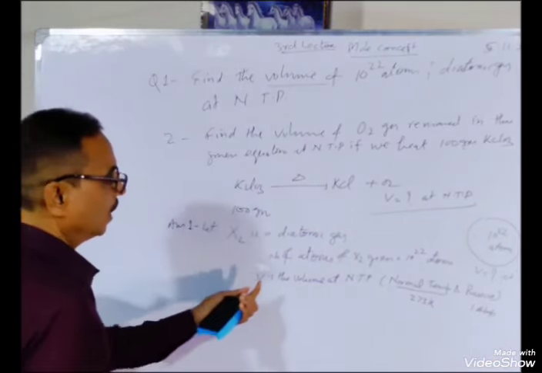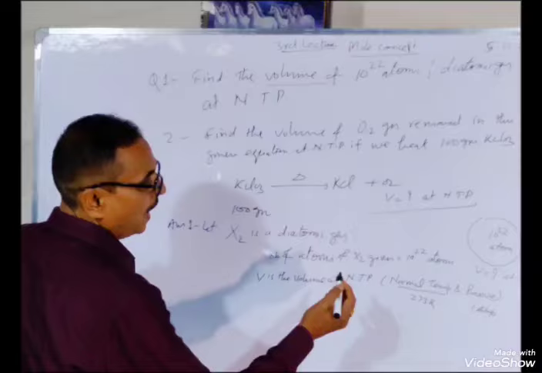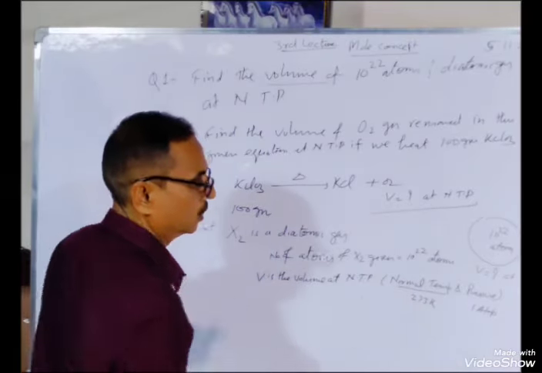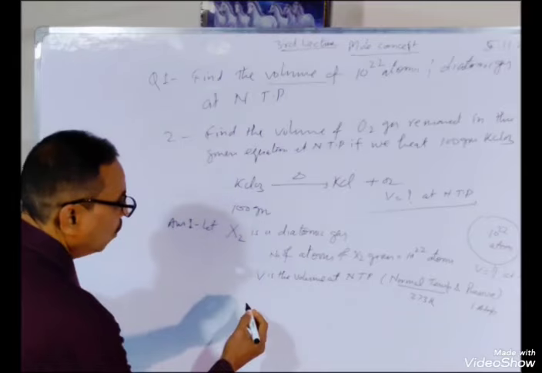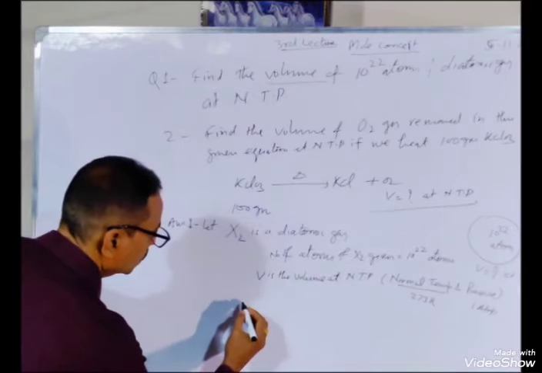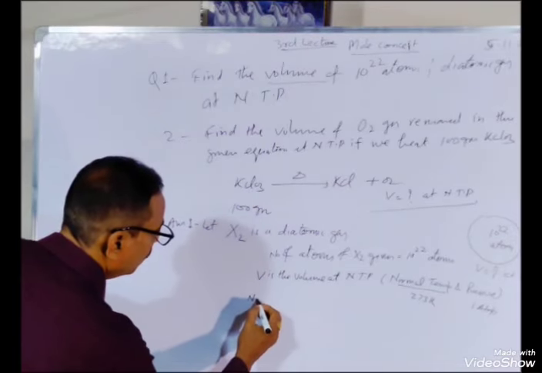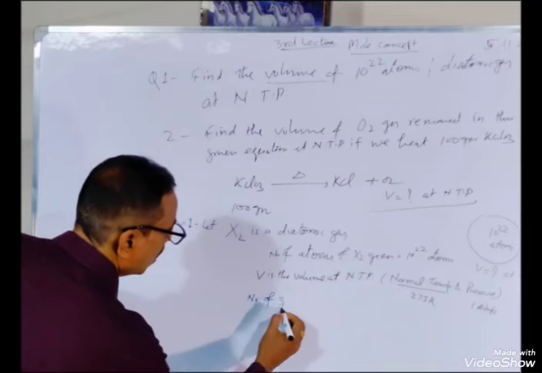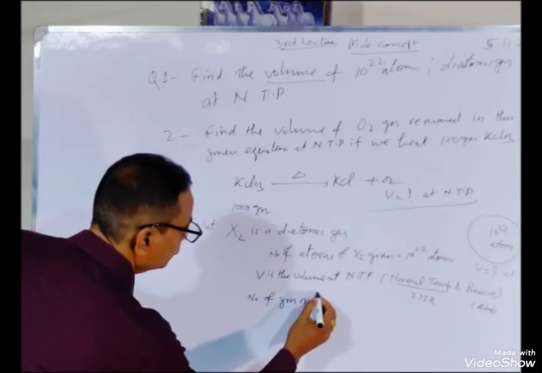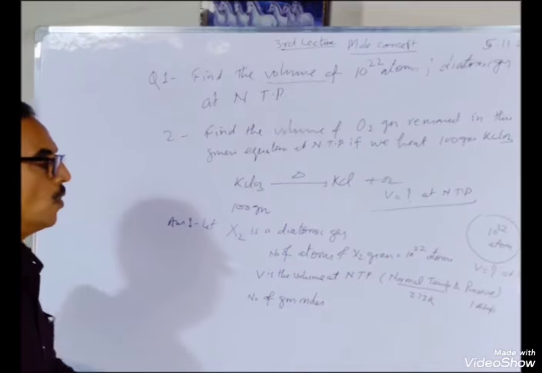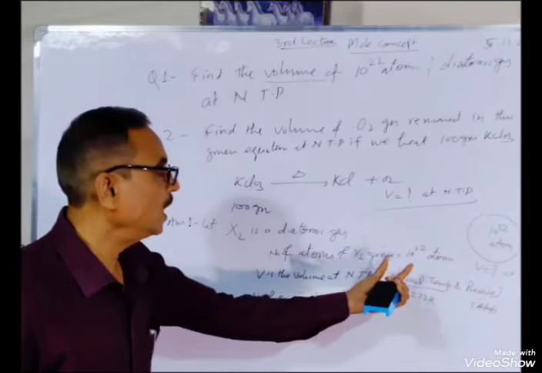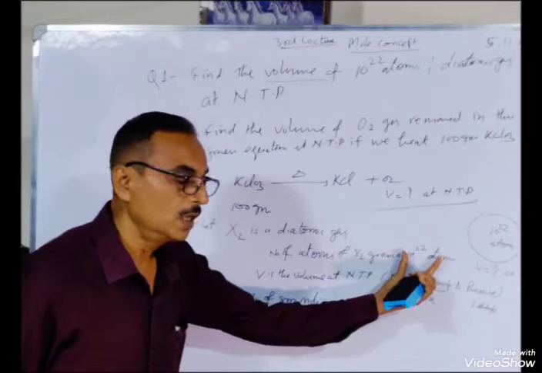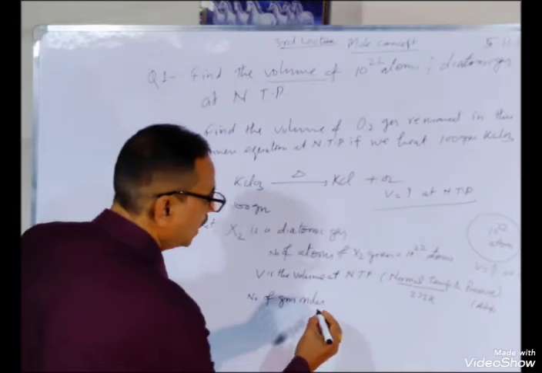So now first you find out the number of gram moles from these atoms. The number of gram moles from the 10 की power 22 atoms. तो 10 की power 22 एटम्स है और X2 के मॉलिक्यूल्स में क्या है?